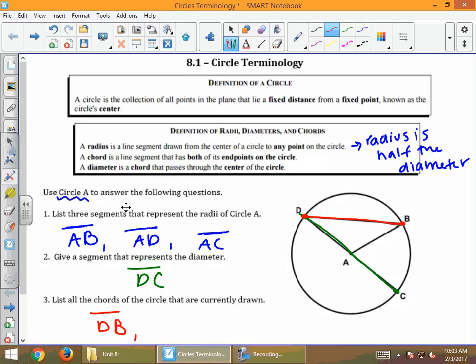A special type of chord. Let's see. DC. A diameter is a type of chord. It just goes through the center. DB is not a diameter because it doesn't go through the center. Just a chord. Questions over that?